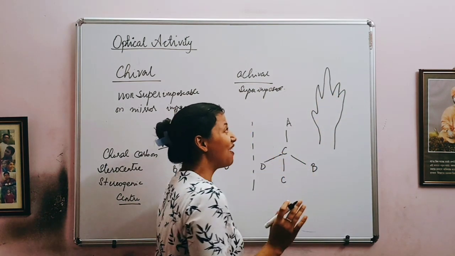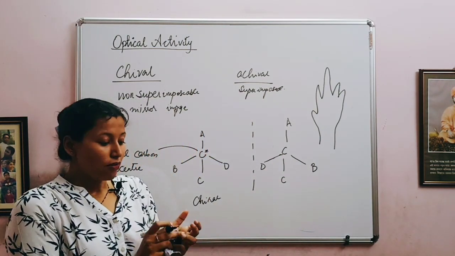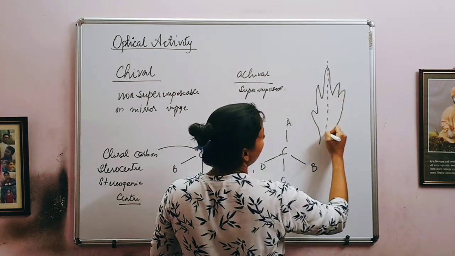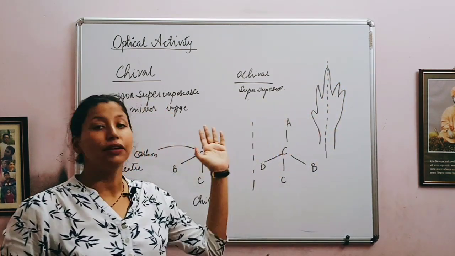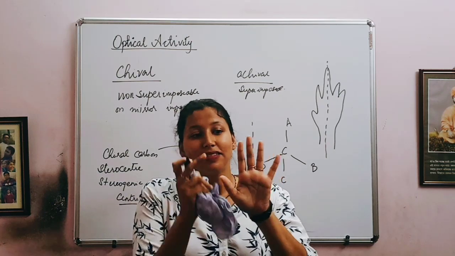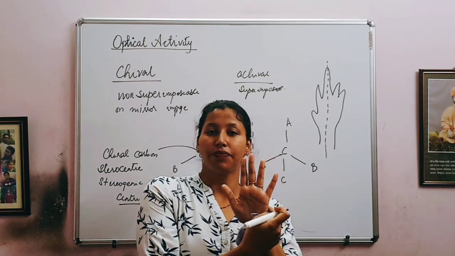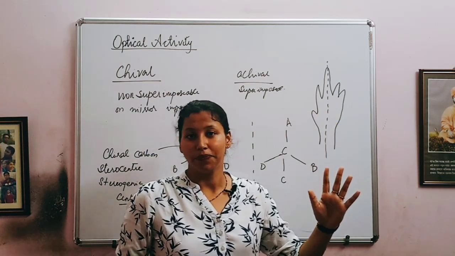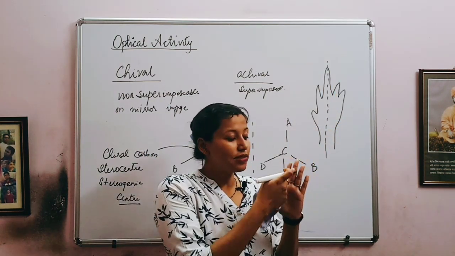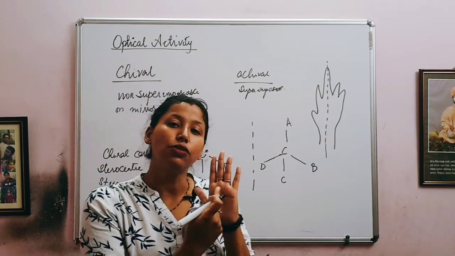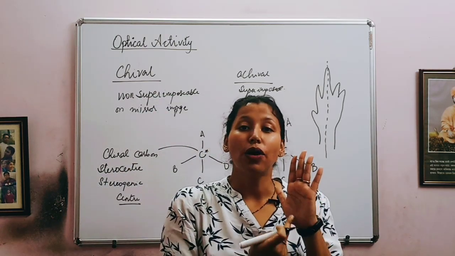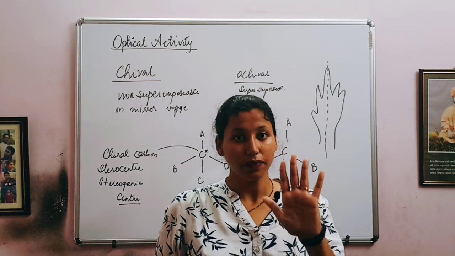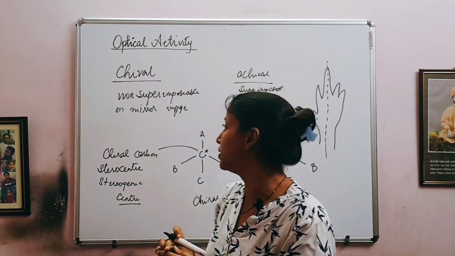Now, if you think about your hand and you bisect your hand into 2 halves, is this half the same as the other half? No, it is not. That means these 2 halves are not equal. When you pass a plane through the center of your hand, these 2 halves are not equal. This plane that you have passed will be called the plane of symmetry.